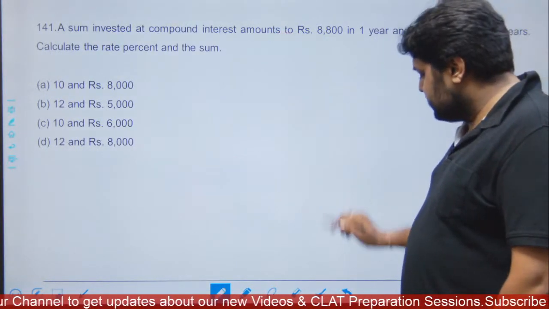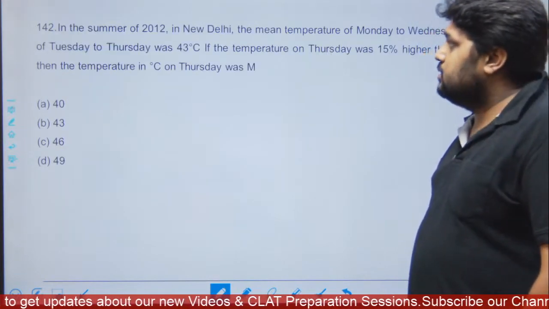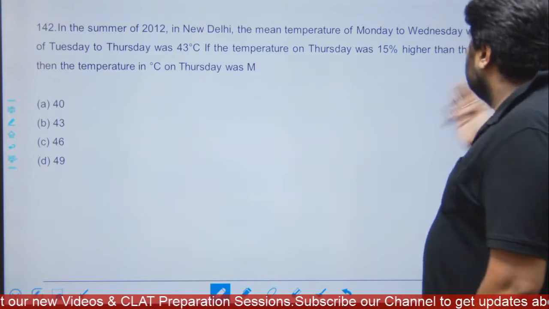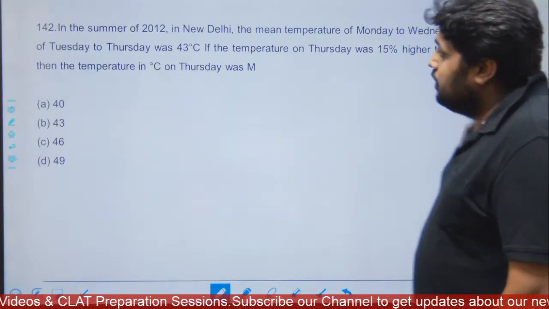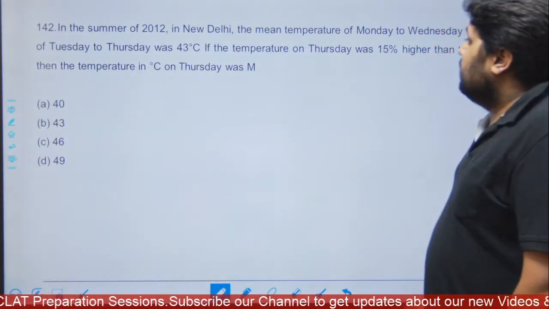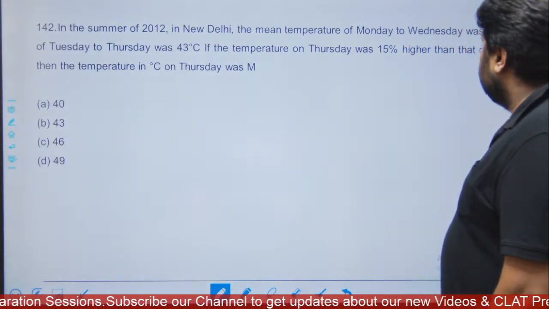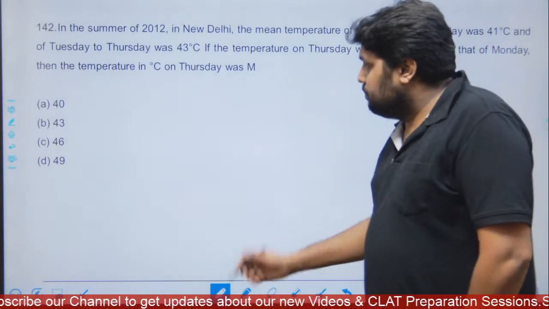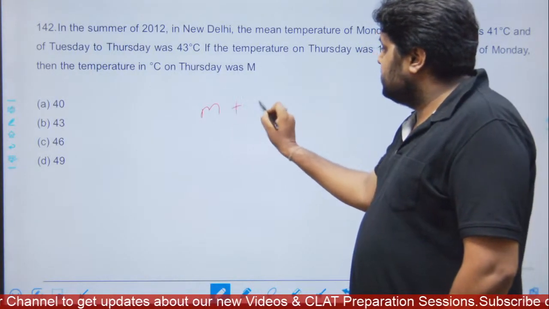So this was doable. Second one: in the summer of 2012 in New Delhi, the mean temperature of Monday to Wednesday was 41 degree, Tuesday to Thursday was 43 degree. If the temperature on Thursday was 15% higher than that of Monday, then the temperature on Thursday was?